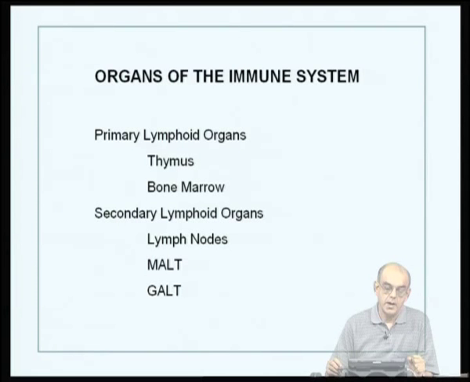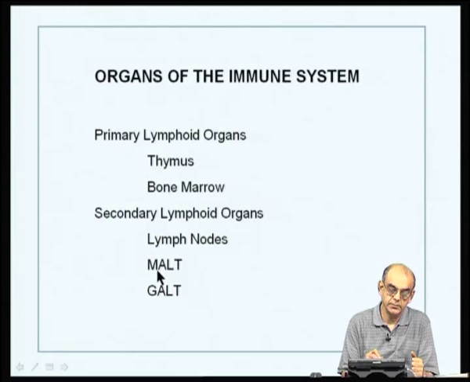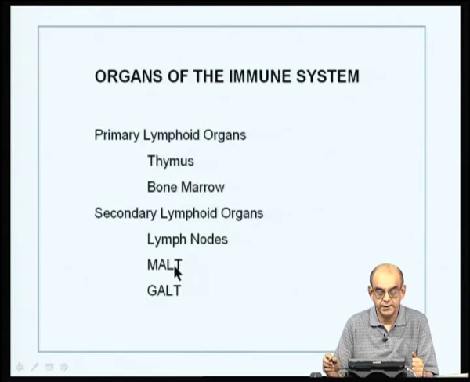and that is what is going to be covered in this lecture. So, as we went into this in the last lecture, the organs of the immune system have the thymus and the bone marrow as primary lymphoid organs, and the various lymph nodes and the lymph nodes associated with the mucosal surfaces, like the mucosal associated lymphoid tissue and the gut associated lymphoid tissue, made up the secondary lymphoid organs.